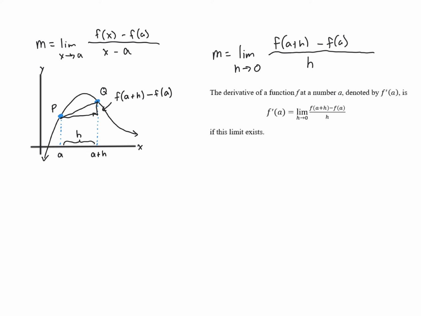We call this value the derivative of a function f at a number a, and we denote that f prime of a. This symbol we read as prime. So we either say the derivative of f at a or f prime of a. And this is defined to be that limit as h approaches 0 of f of a plus h minus f of a over h, if that limit exists.